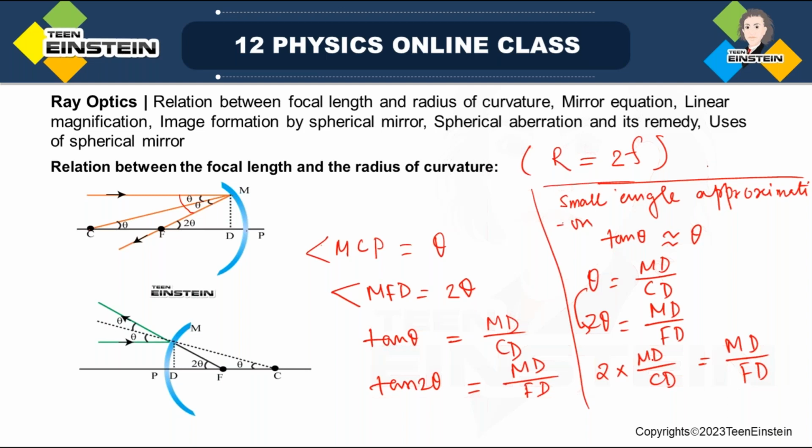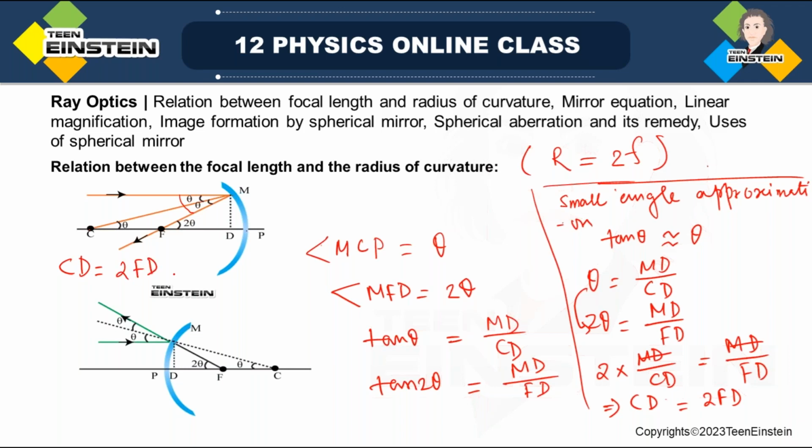From here I can strike this MD out, and I can write CD is equal to 2FD. See, CD is equal to 2FD from here. Let me write it here: CD is equal to 2FD.